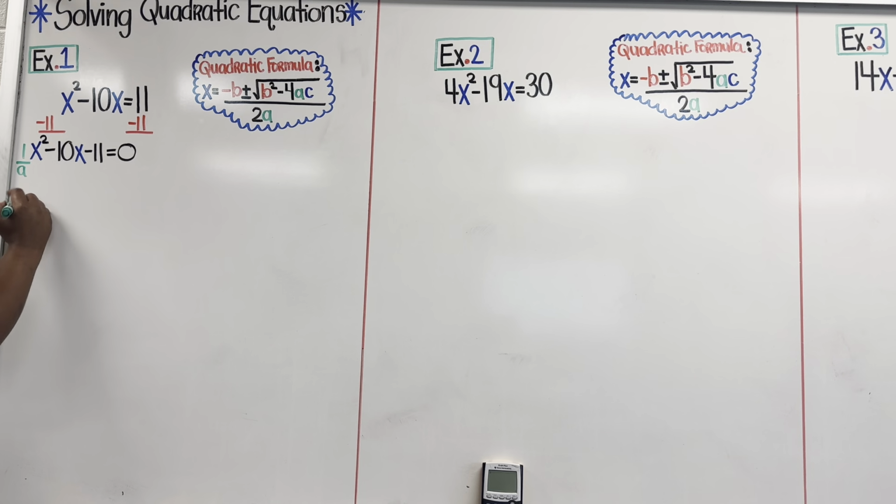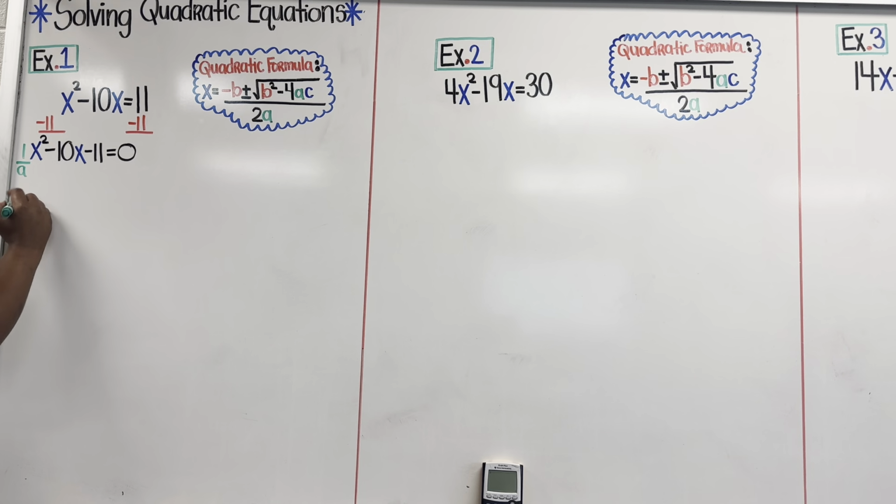Now we have created our key of what values we're going to plug into the quadratic formula. All we need to do is plug in those values, simplify the formula, and we will find the two possible values of x. So we just follow the formula.